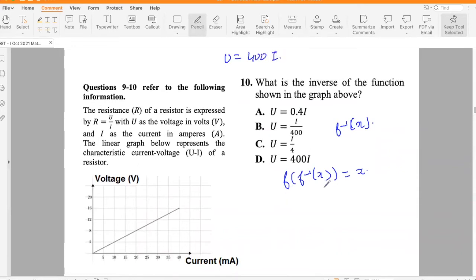So f of f inverse x would be 400 f inverse x is x. So f inverse x would be x by 400. So the inverse function would be the variable divided by 400. So that would be option B.